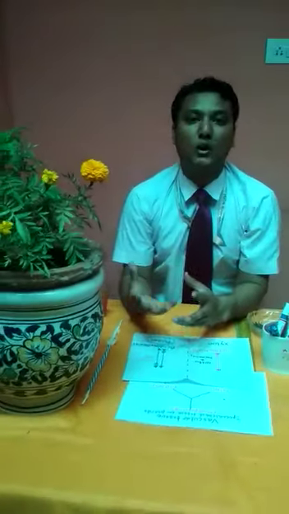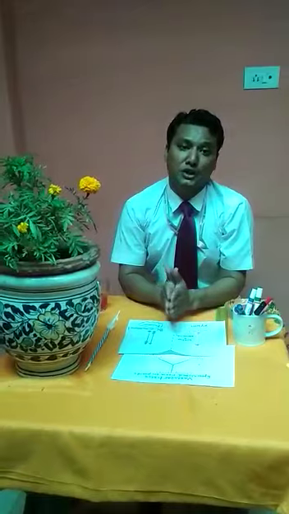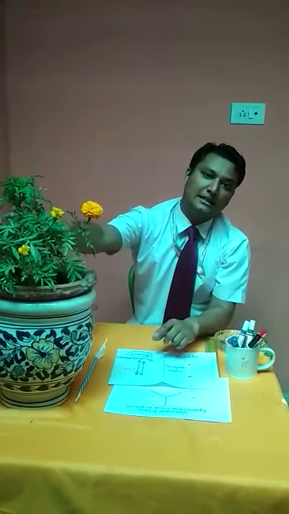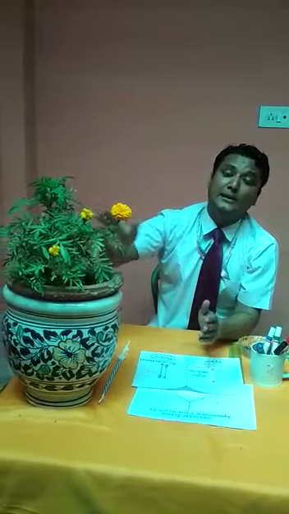So let's recall what we have learned in this video. There are pipe-like structures made up of specialized tissue which are called vascular tissue. These vascular tissues are of two types, xylem and phloem. In the plant, the xylem helps to transport water and minerals.